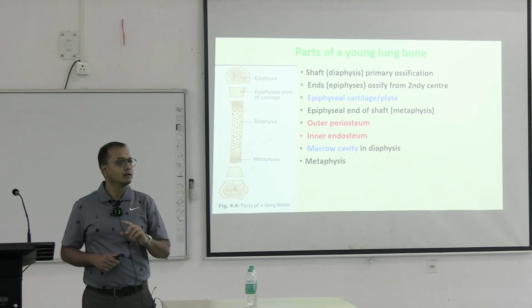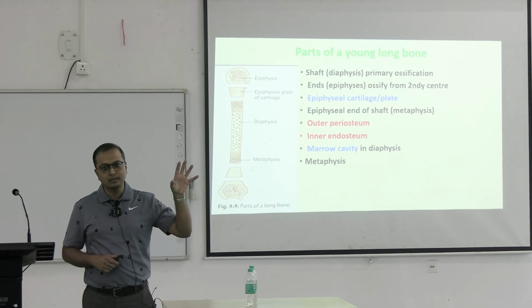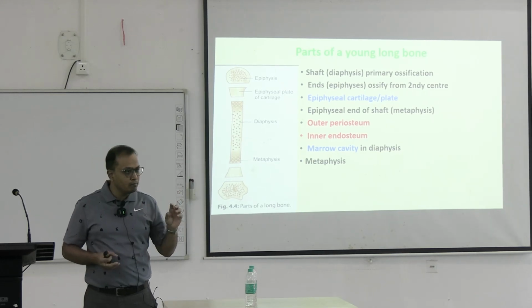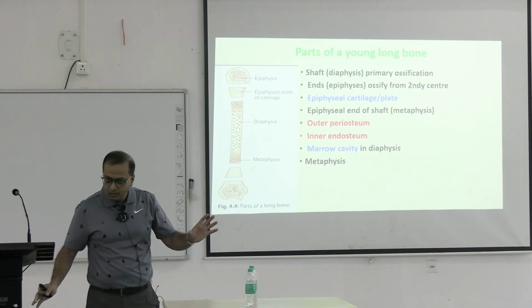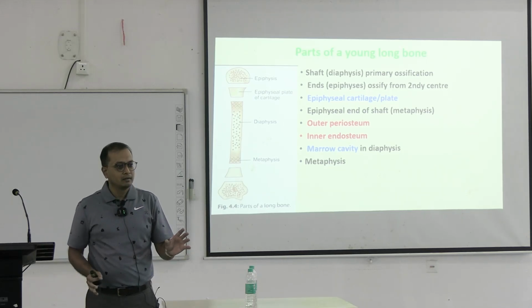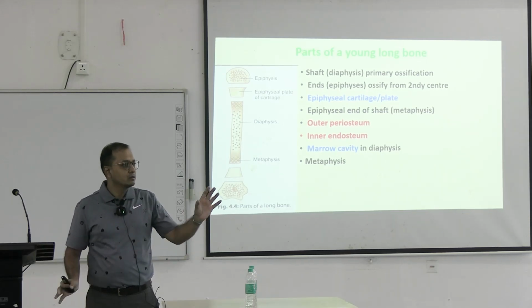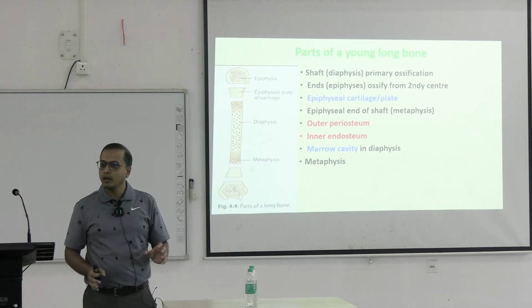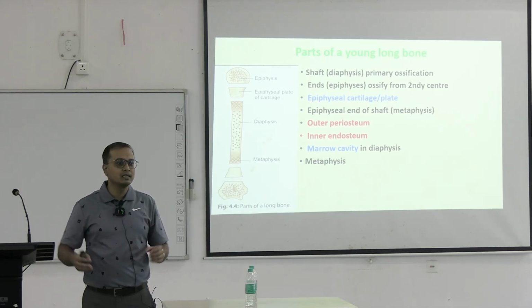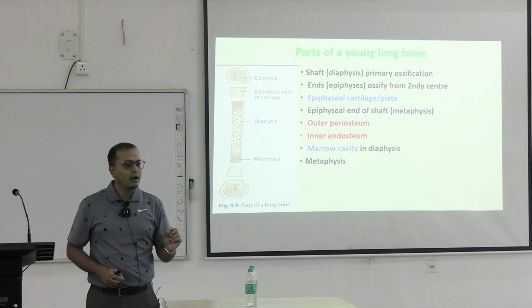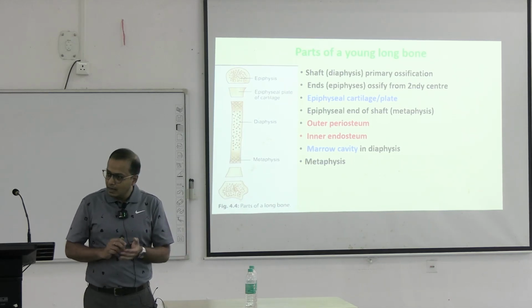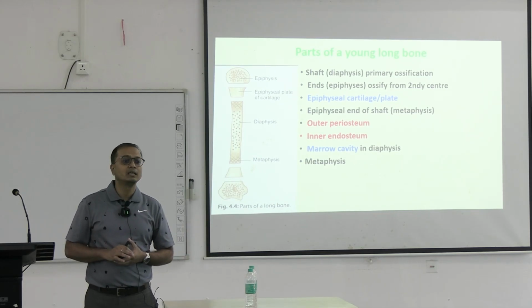So I repeat again: we have the diaphysis, that is the shaft; we have the epiphysis, that is the two ends; in between them we have the epiphyseal plates. The epiphyseal plate grows and elongates, and that's why the bone grows. As we reach a mature age, the growth slowly slows down and becomes a line, the epiphyseal line.